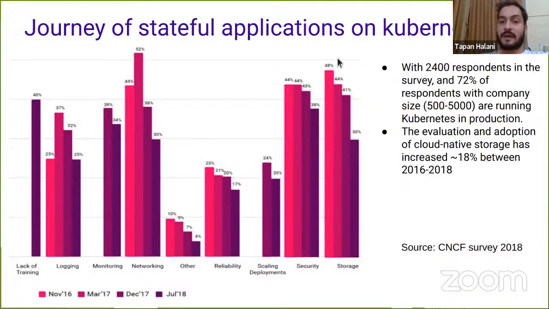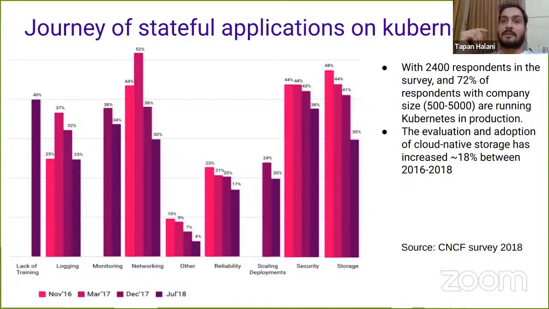We can see here that from November 2016 to July 2018, in this last section, the people who find storage a challenge in Kubernetes or cloud native has decreased from about 48% to 30%. It has been one of the steepest decreases across all the domain challenges in the system.